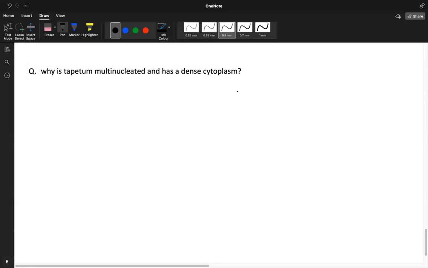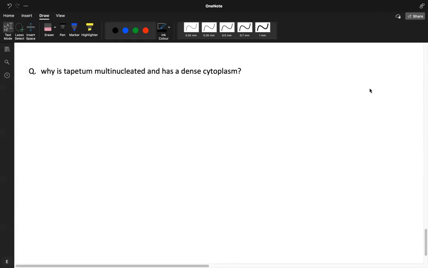Yes, sir. And the dense cytoplasm is because of the very high amount of translation happening in the cells, and lots of protein molecules and other nutritive molecules are present in the cytoplasm itself. So it's not just storing for the sake of storage.